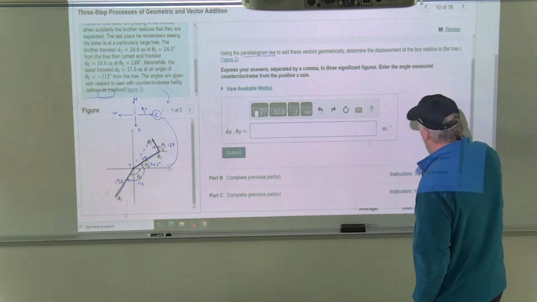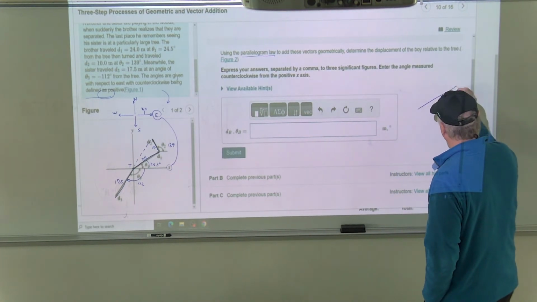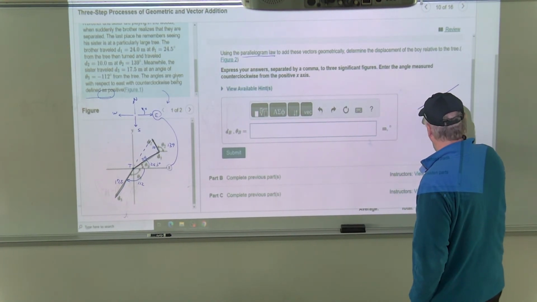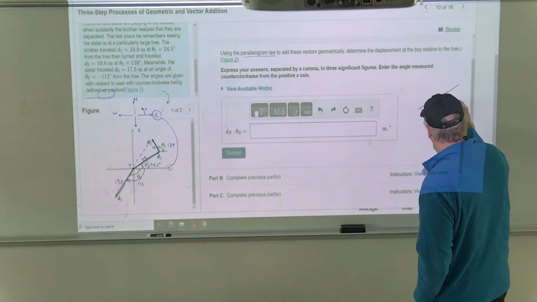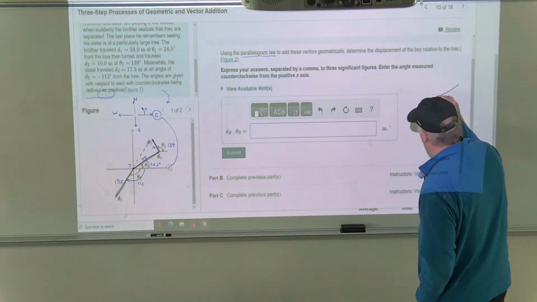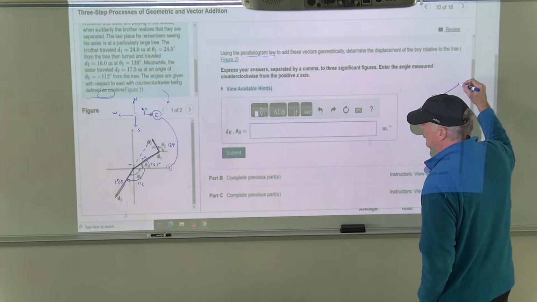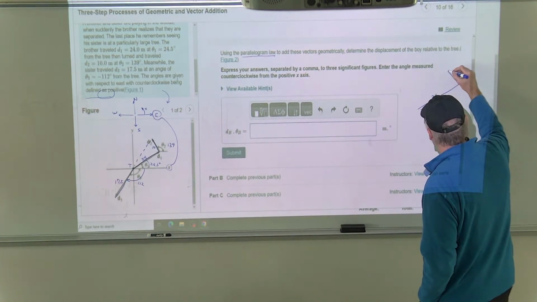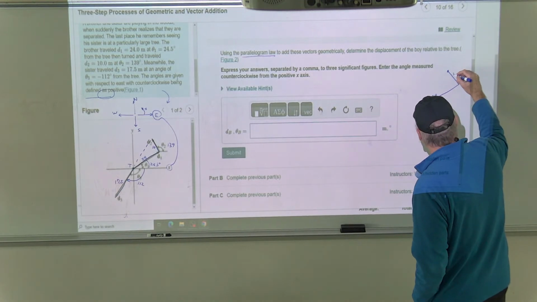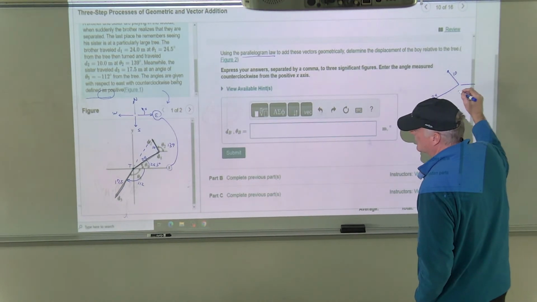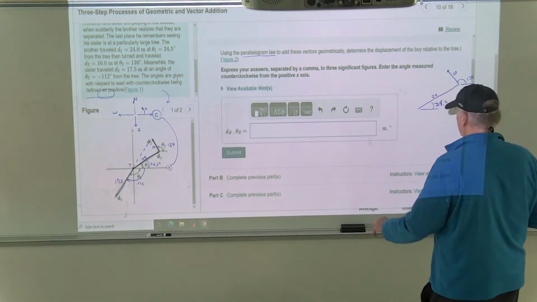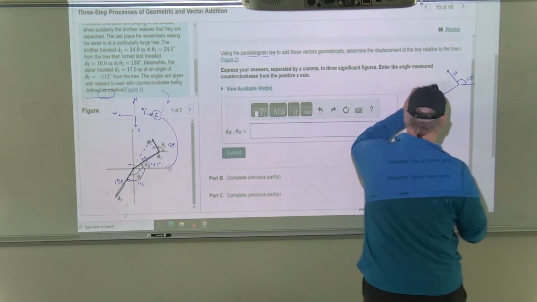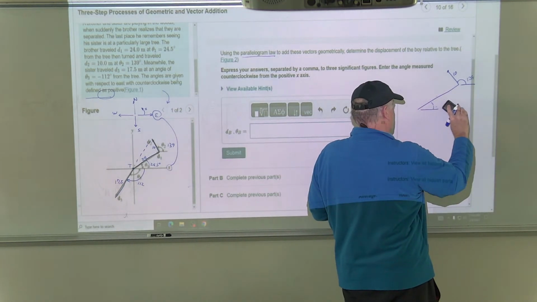So here he's got this movement, which is 24.3, and he's got this distance, which was 24, and then he's moved this distance, which is 10, and it is 139. Here, let me move the 24s around.